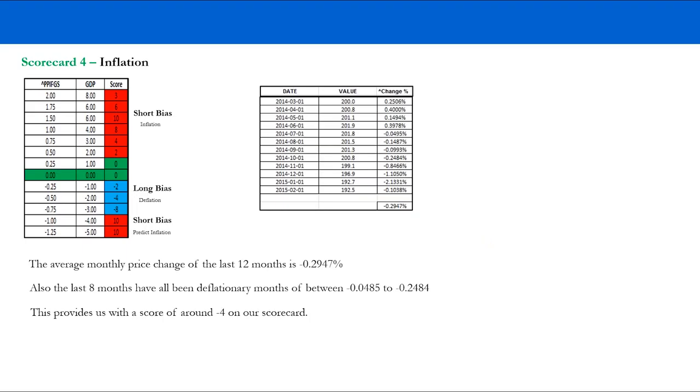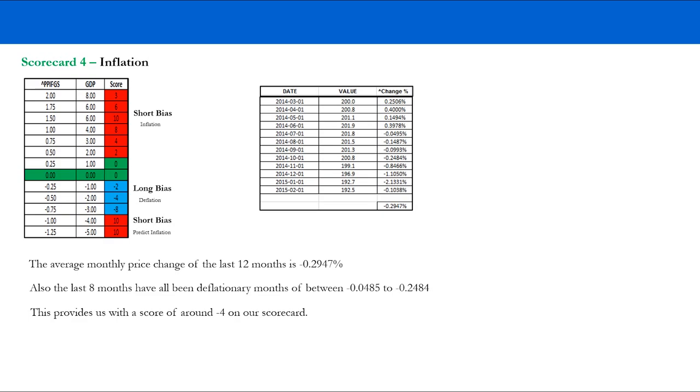Now, how do we actually go about assigning a score? Well, we take a similar approach as before. We take the average monthly price change of the last 12 months. And when we do that, it's coming in at 0.2947%.